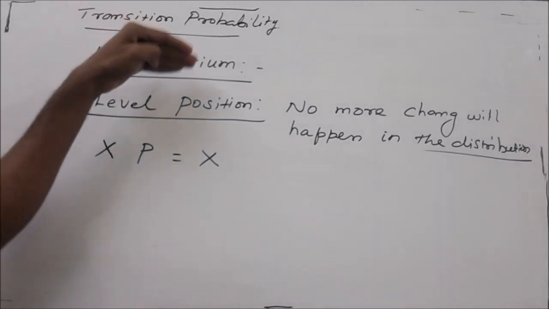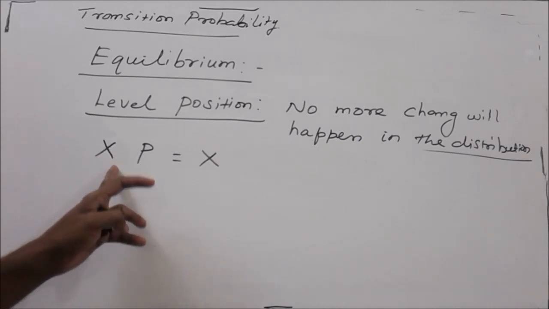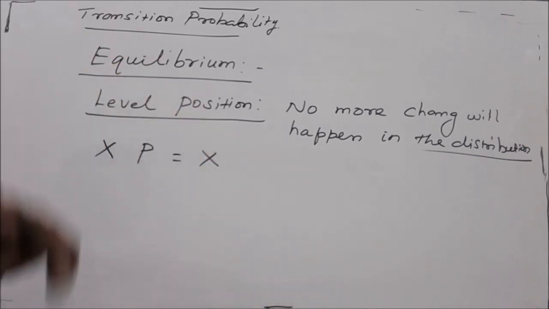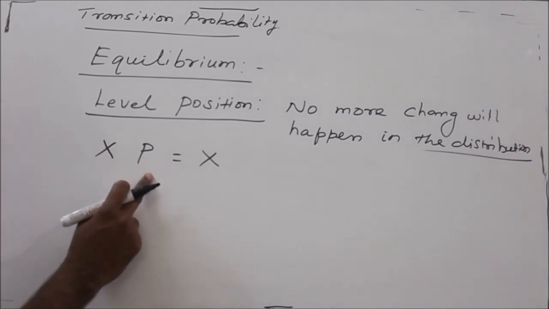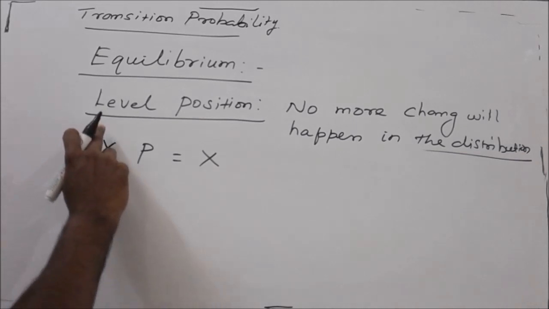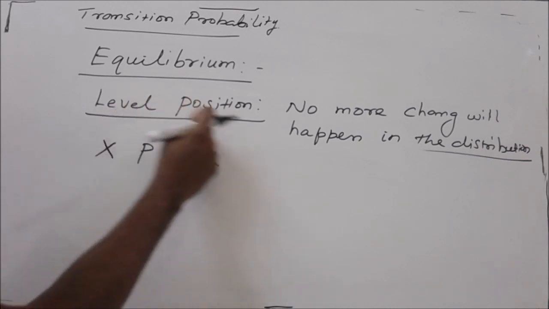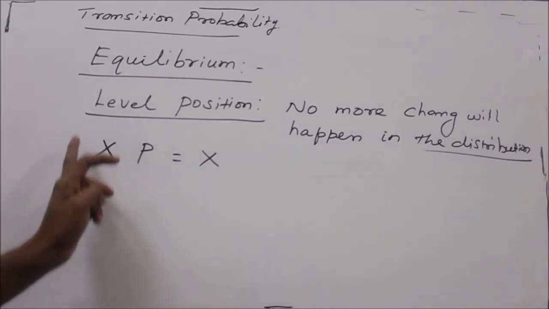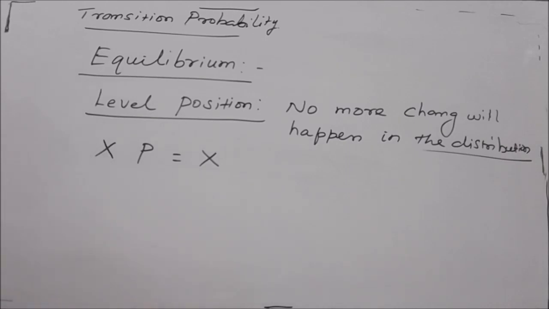No more changes in the distribution after taking one more transition is known as equilibrium.